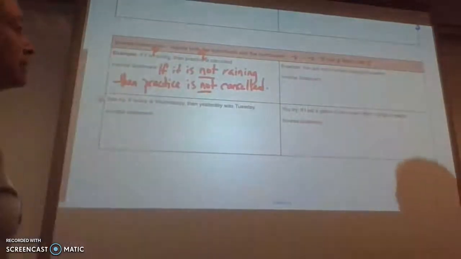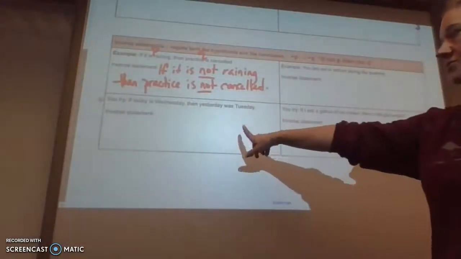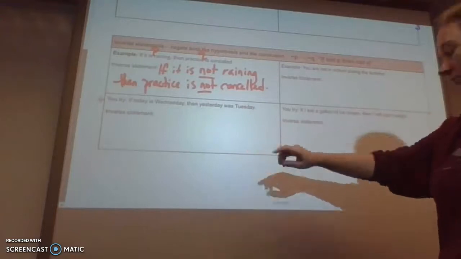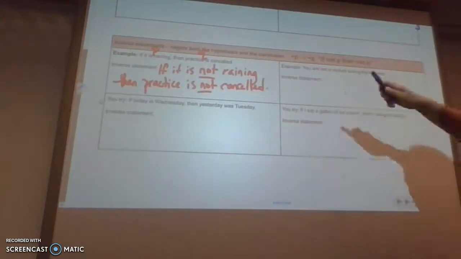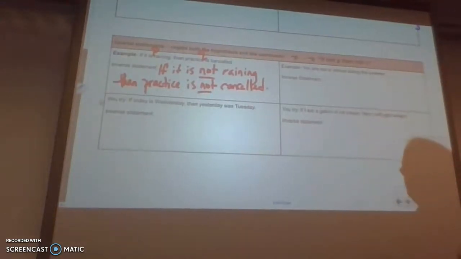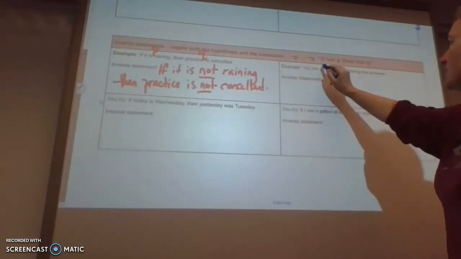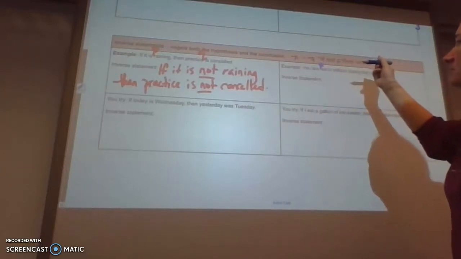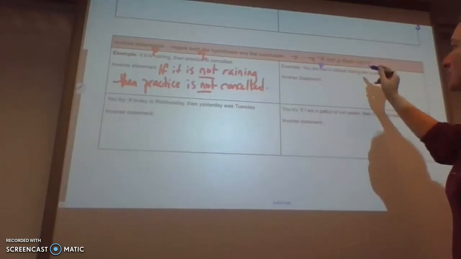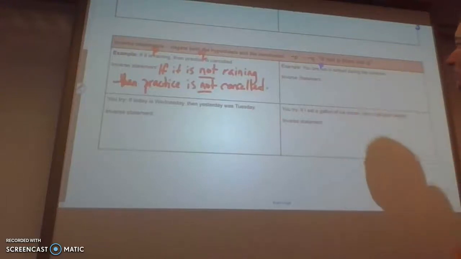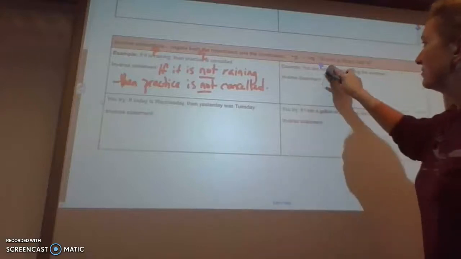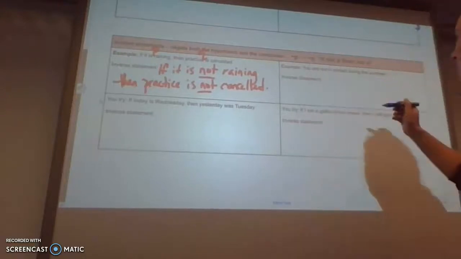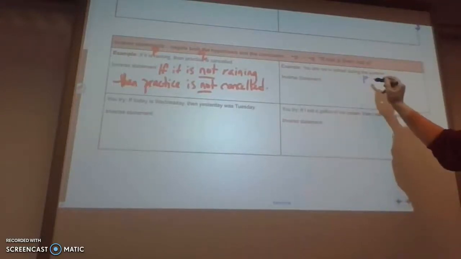Right. So now you're going to try this one on Edpuzzle. Okay? And I'm going to do this one over here. You are not in school during the summer. So here's P. If you are not in school, then, how would I do that one? Hold on. I got to write this as a statement first. If you are not in school, then it is summer.